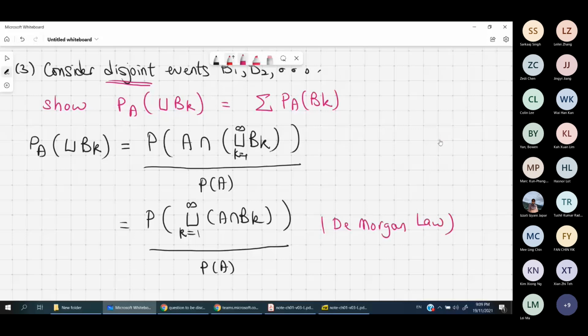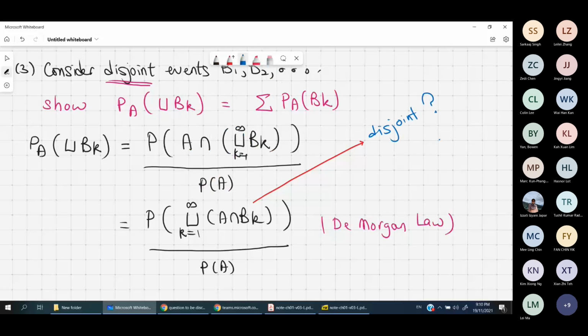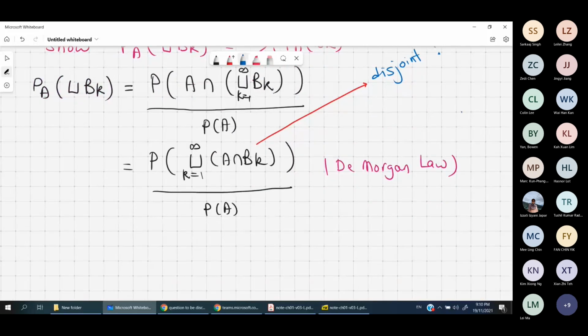Now the question is, we want to know this thing: are all these disjoint? Can A and B be disjoint or not? Because the B's are disjoint, we can actually show that this one must be disjoint.